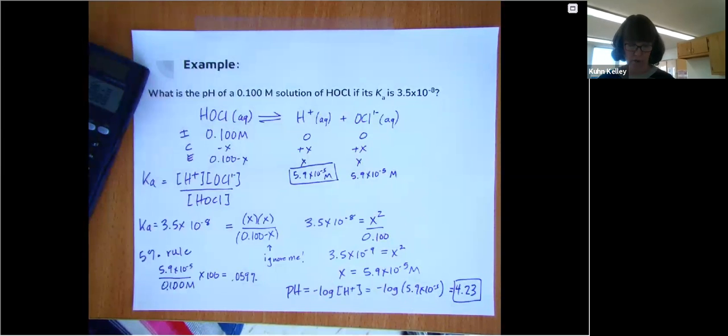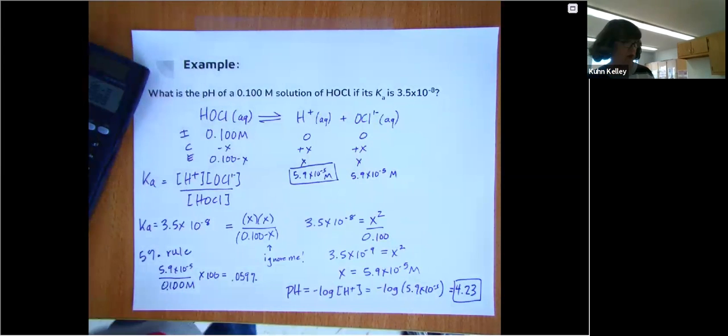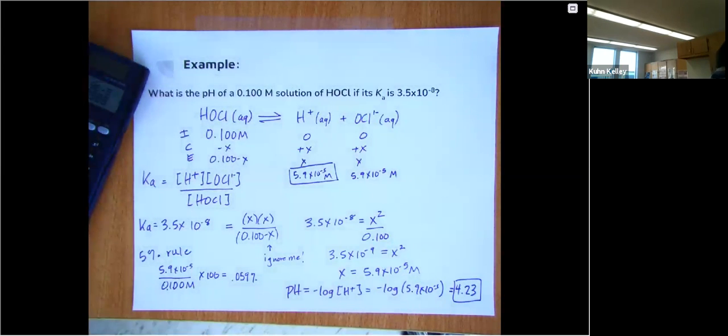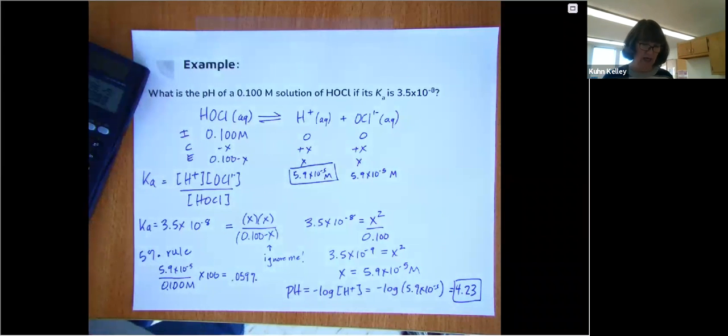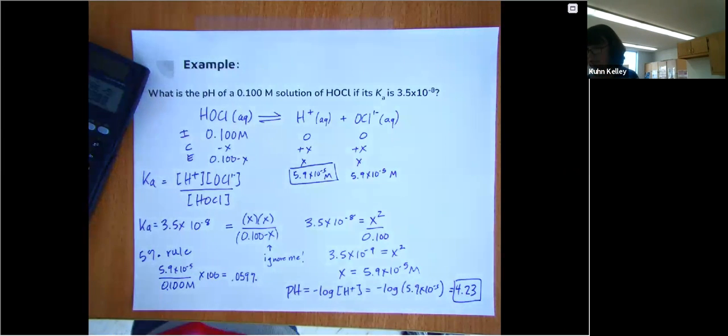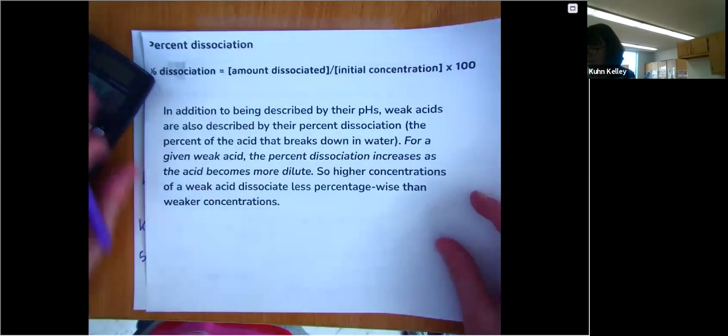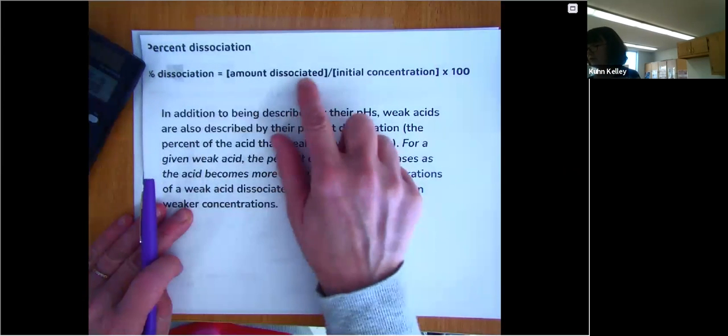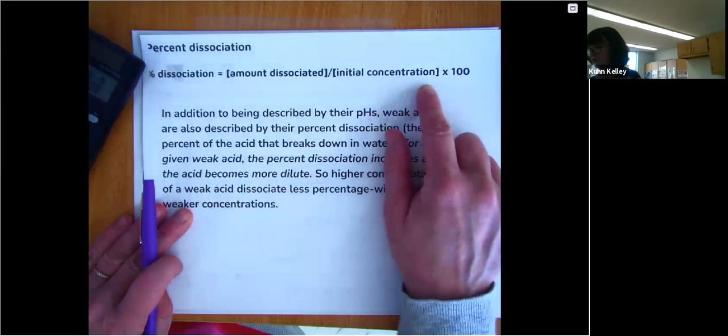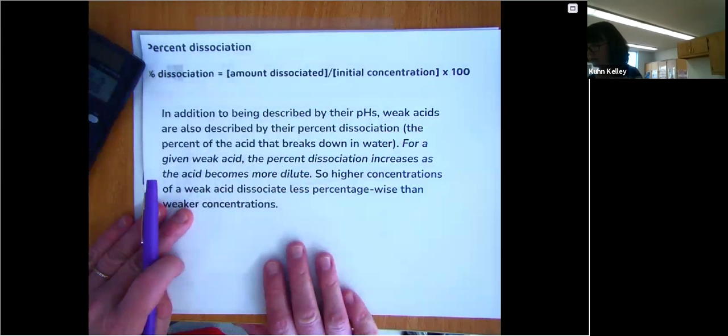Pretty straightforward. One other thing that we frequently do when we are working with this kind of content is we sometimes solve for percent dissociation. So percent dissociation is simply the amount that dissociated divided by the initial concentration times 100.